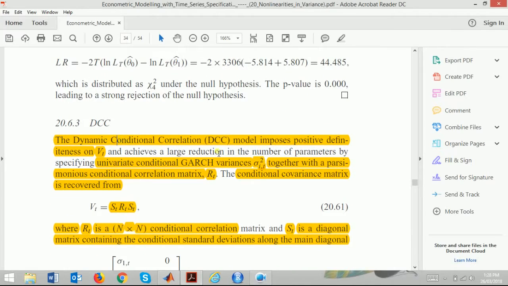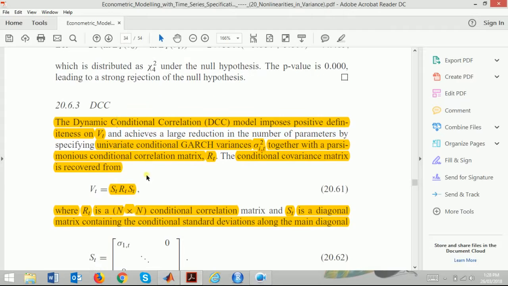The DCC model, the dynamic conditional correlation model, imposes positive definiteness on the GARCH residual, and achieves a large reduction in the number of parameters from univariate GARCH together with a parsimonious conditional correlation matrix.